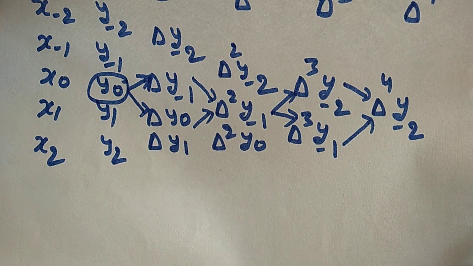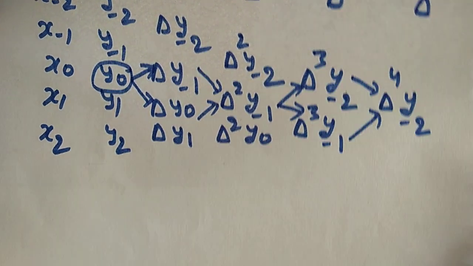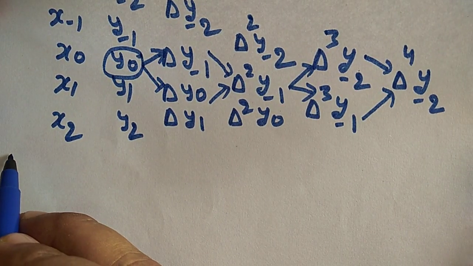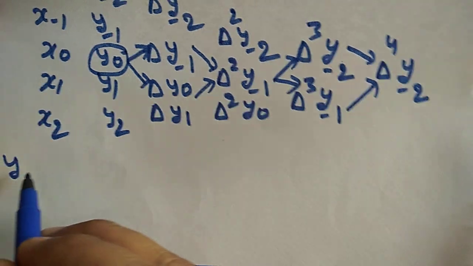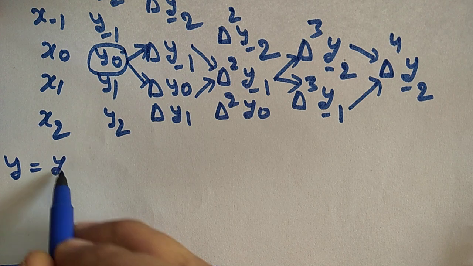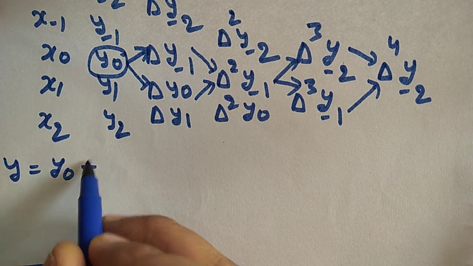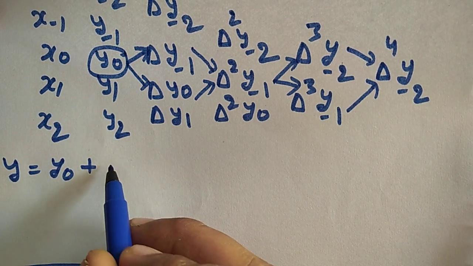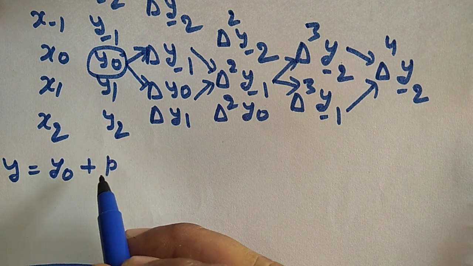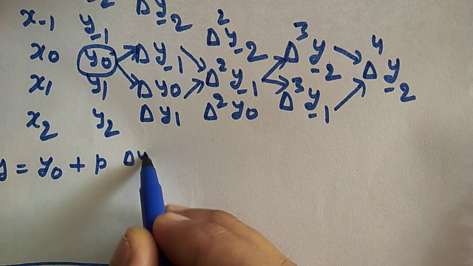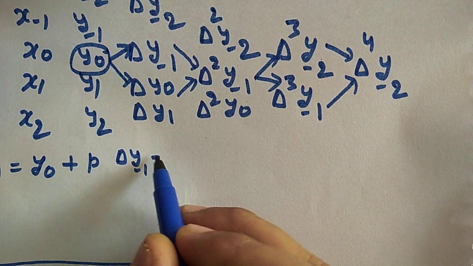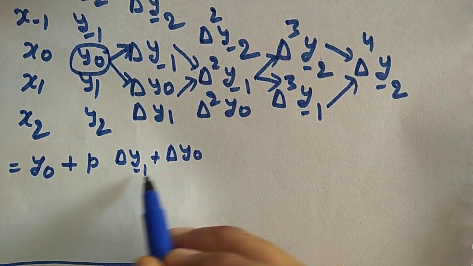Now let me write the Stirling formula here. y equals y0, the first term, plus p times the average of these two terms. So this will be delta y minus 1 plus delta y0 by 2.